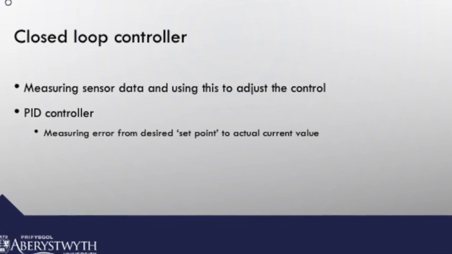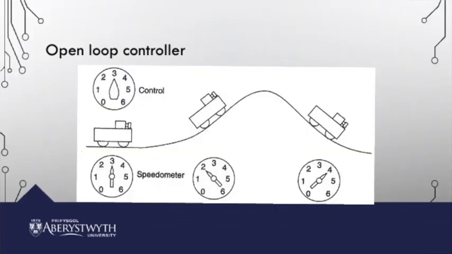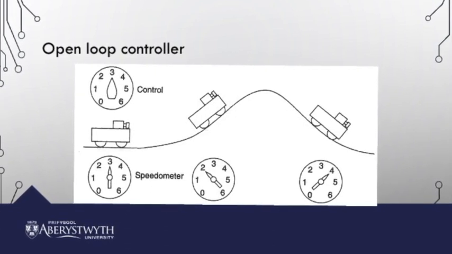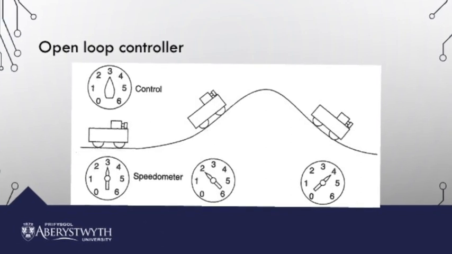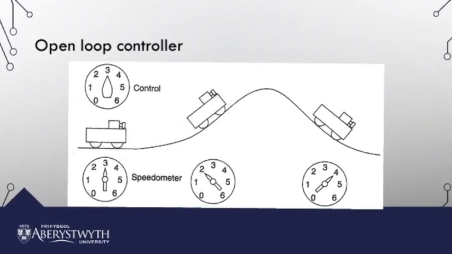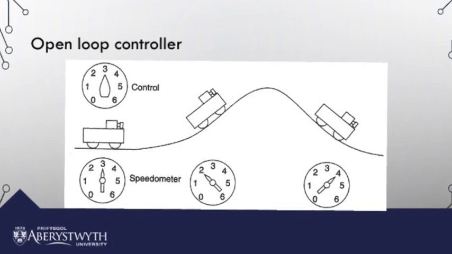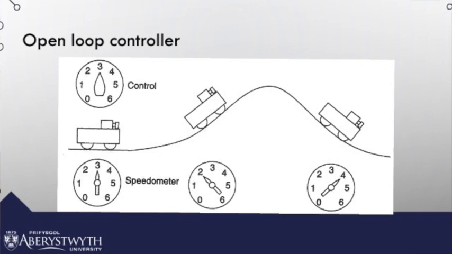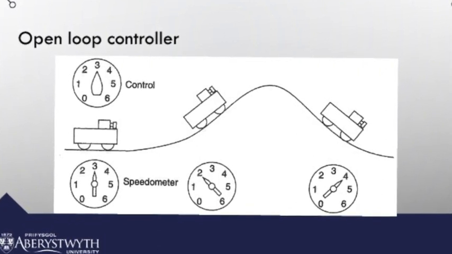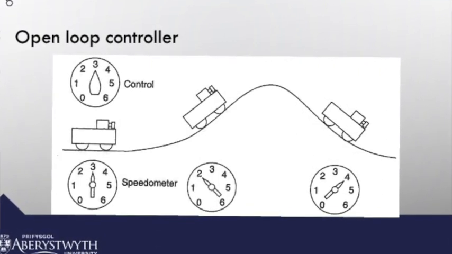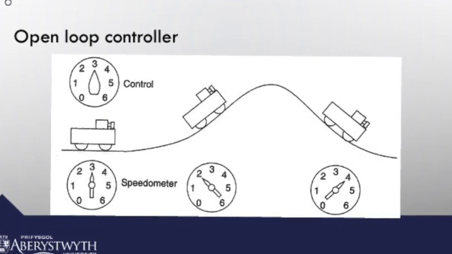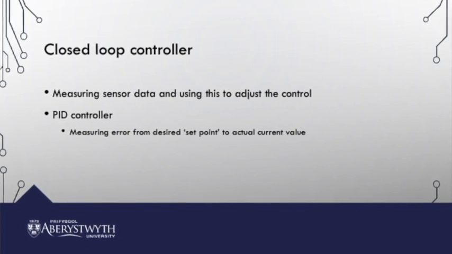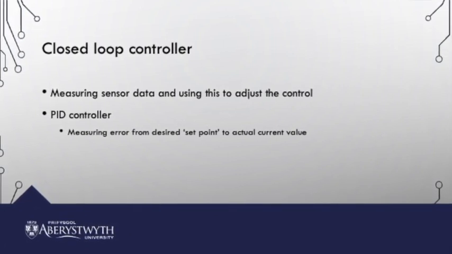So in the case of the previous example, if we were setting a control of 3 and we were able to sense how fast the robot was actually moving, then when we're going uphill, we would be increasing the amount of power to the wheels, whilst when we were going downhill, then we'd be decreasing or perhaps even applying some negative braking power to the wheels in order to maintain that particular set point. And a commonly used closed loop controller in robotics is called a PID controller.